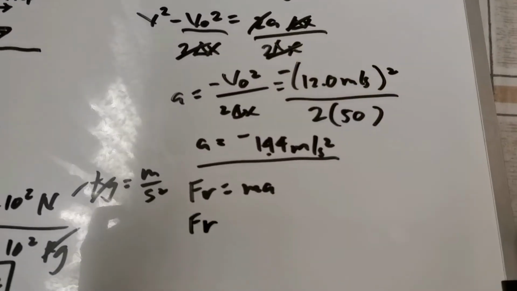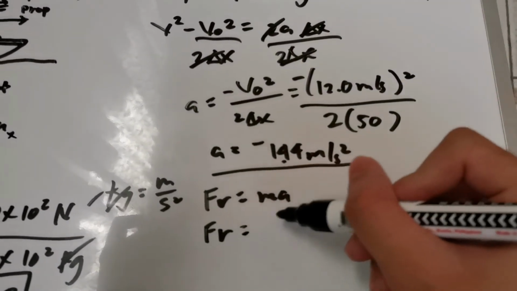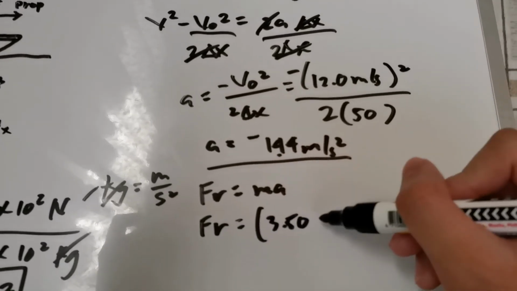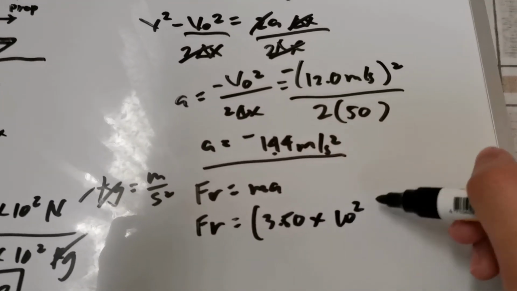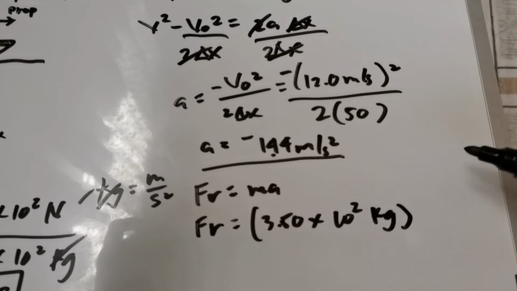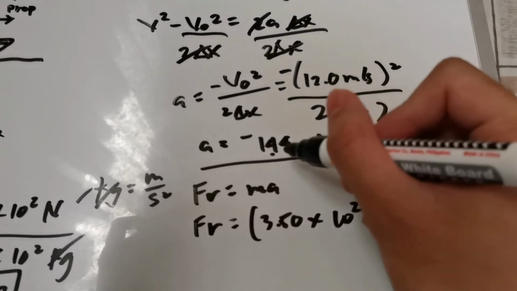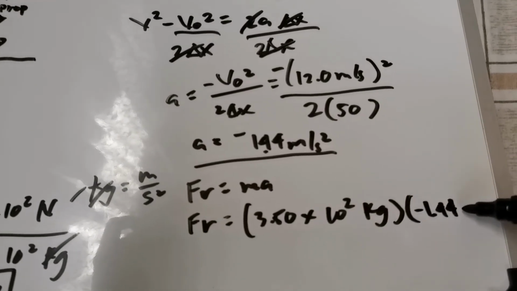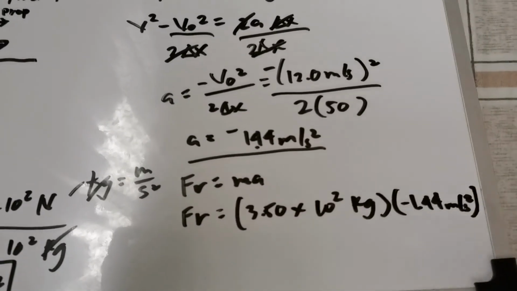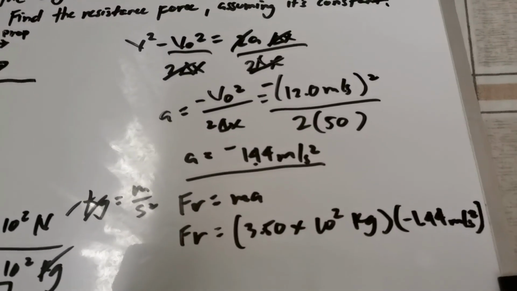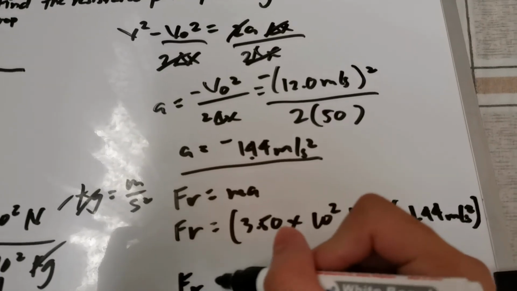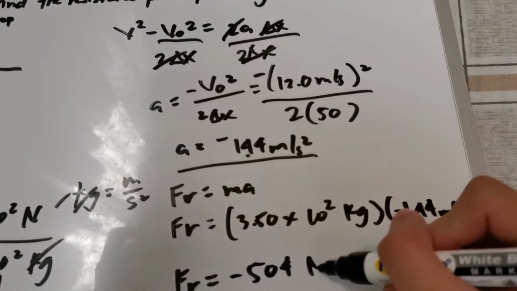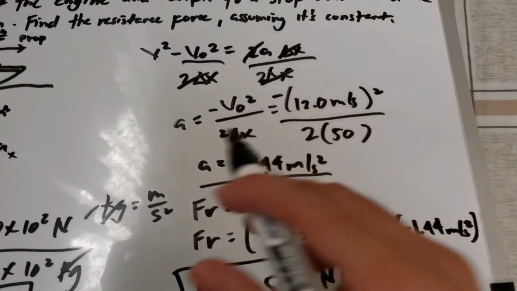So the resisting force is the mass, 3.50 times 10 raised to 2 kilograms, times the negative 1.44 meters per second squared we got. Calculating, the resisting force is equal to negative 504 Newtons. This is the answer for B.